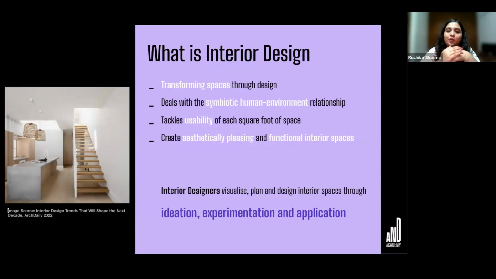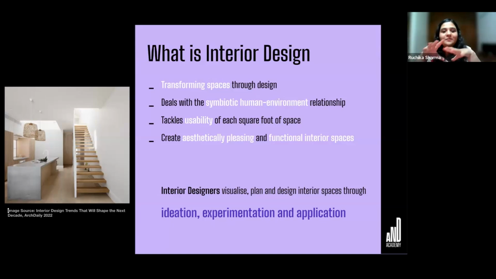So how will one human in the room interact with another human, interact with maybe 5 other humans, how they will interact with the furniture around them, the windows around them, doors, the entire building. How is a human going to interact with them? They tackle usability of each square foot of space. There are a lot of times when people want us to cover each and everything. So we will talk about details from the skirting all the way to the ceiling.